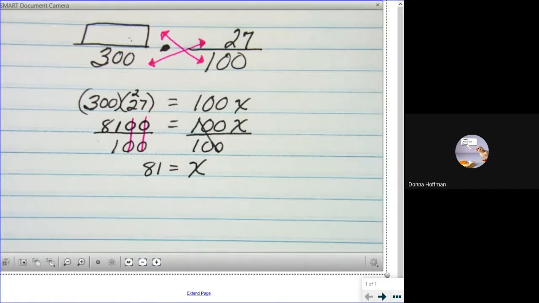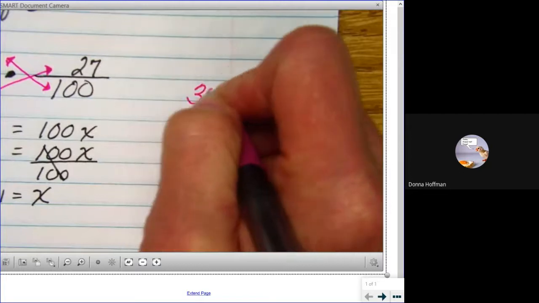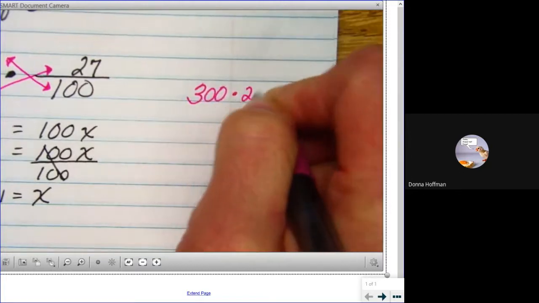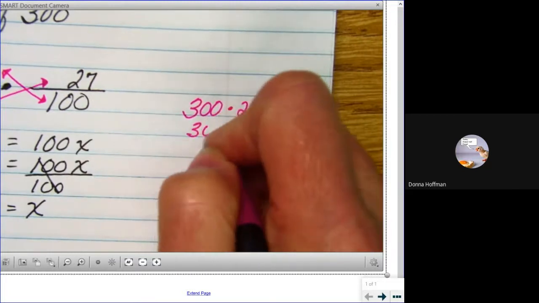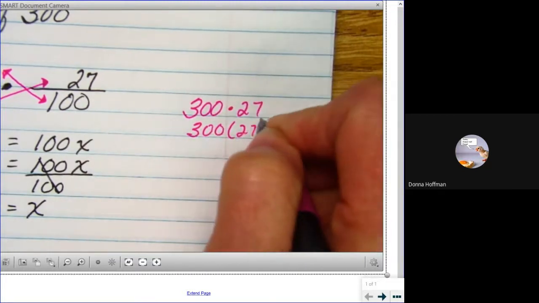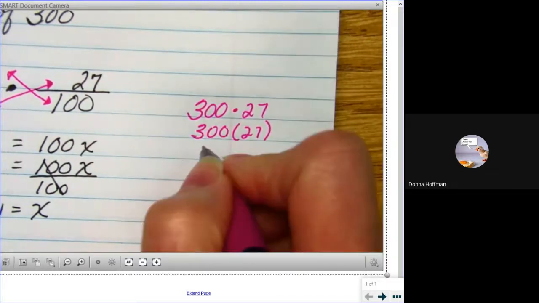That means multiplication when you put things in parentheses like that. It's another way of writing. I could write it like this. I could write it like that. Or I could write it like this.